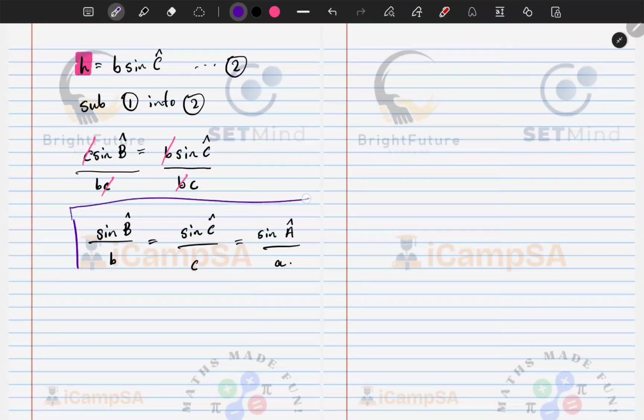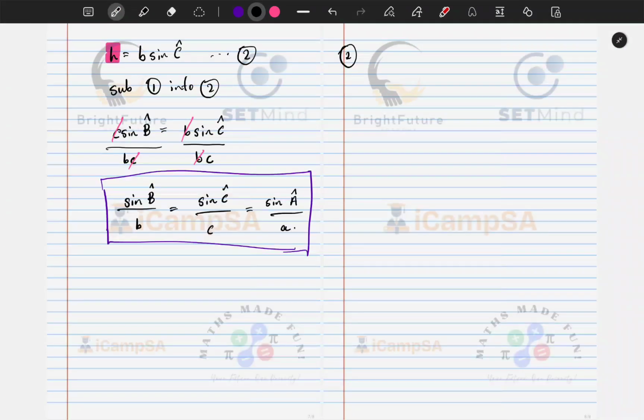So now let's look at how we can do that for an obtuse-angled triangle. This is the proof for the obtuse-angled triangle.